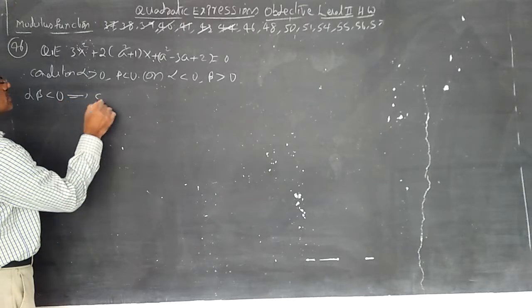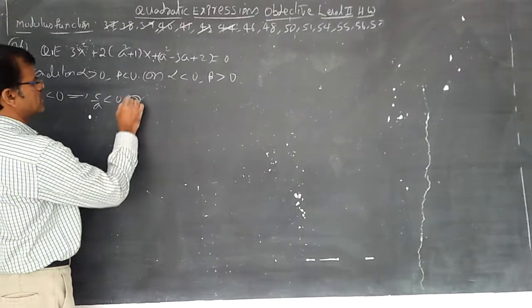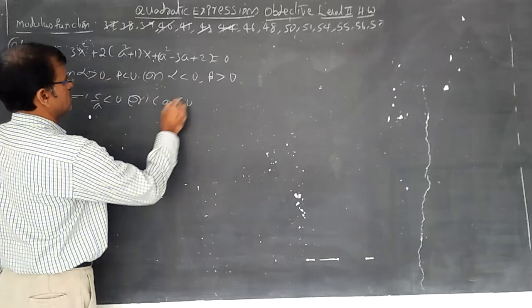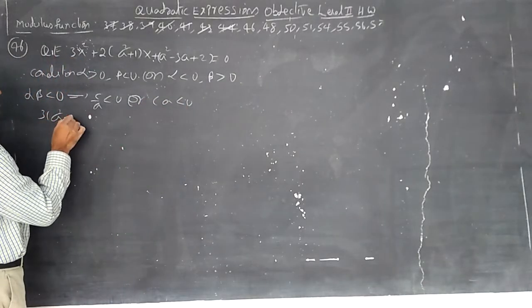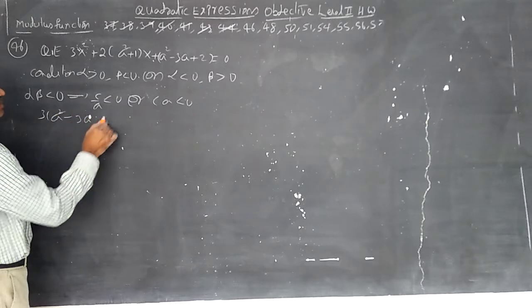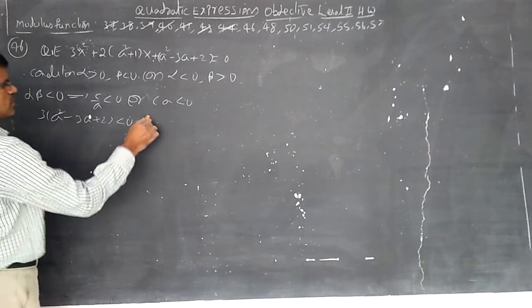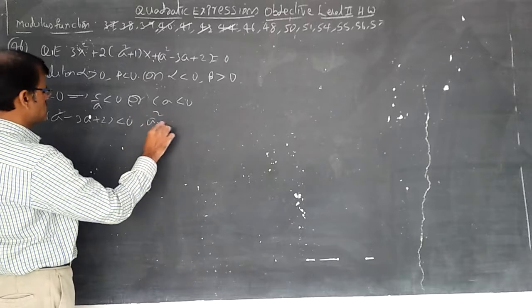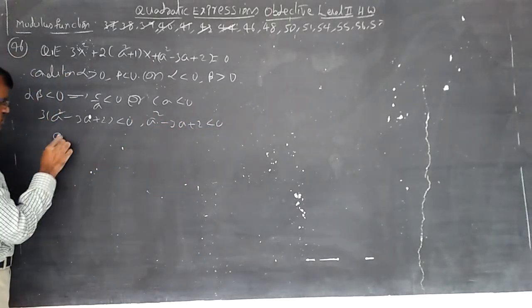That implies C by A is negative, or CA is negative. So C into A, that means 3 into a square minus 3a plus 2 less than 0. 3 is no need. Simply you can write a square minus 3a plus 2 less than 0.